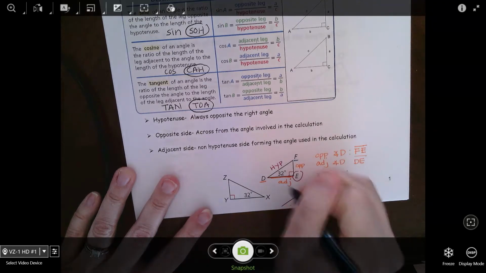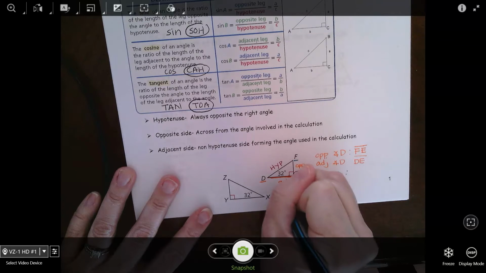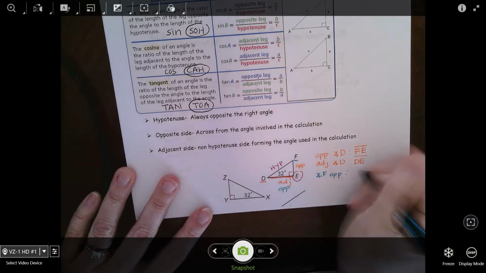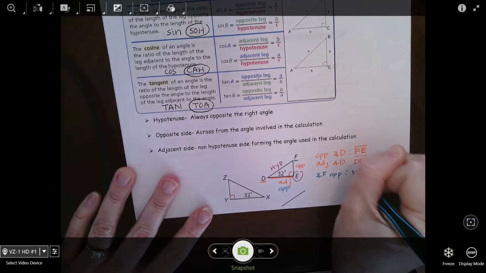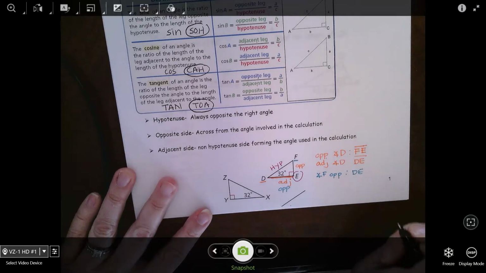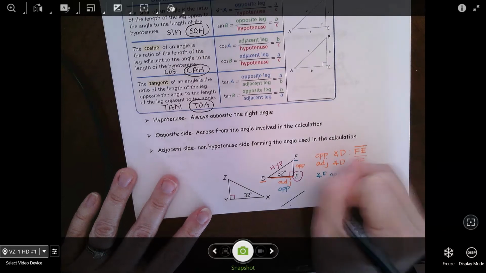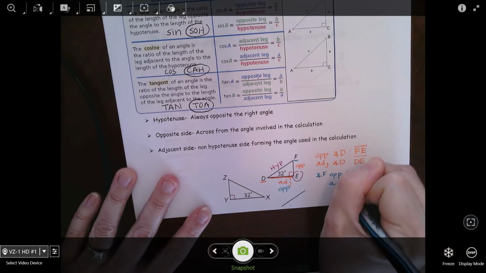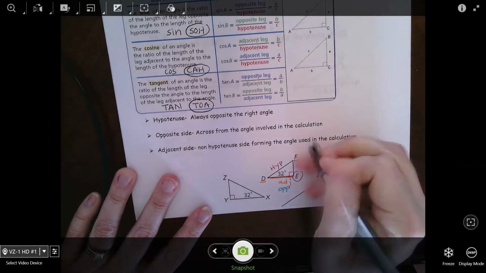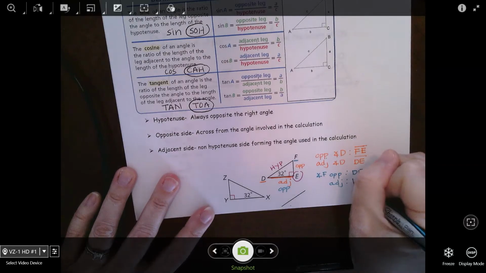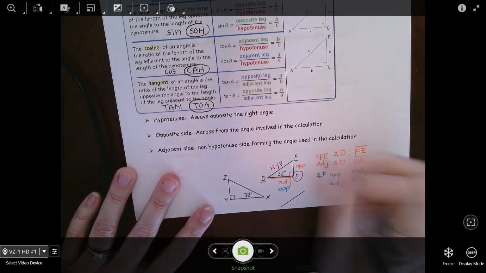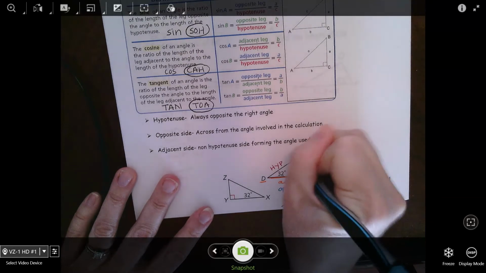For angle F, this one's opposite. So DE is opposite for angle F. And adjacent is going to be FE.